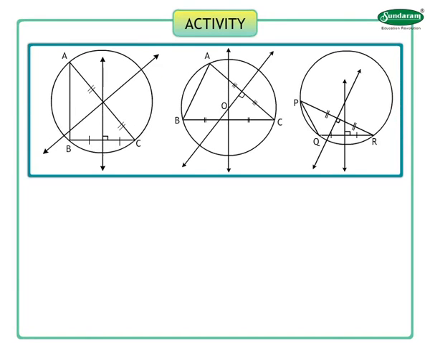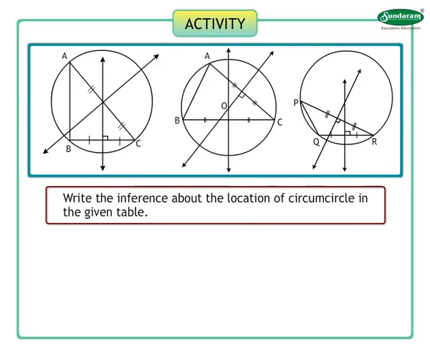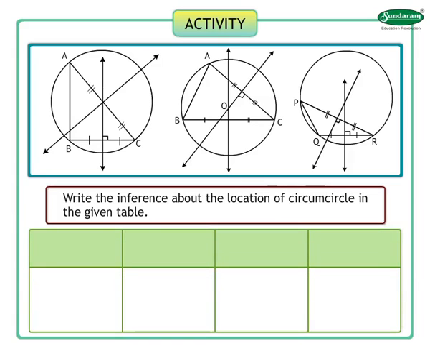Now let's solve an activity related to circumcircle. Look at the screen. We have drawn three different types of triangles with their circumcircles. Let's write the inference about the location of the circumcenter in the given table with the help of the figures drawn.